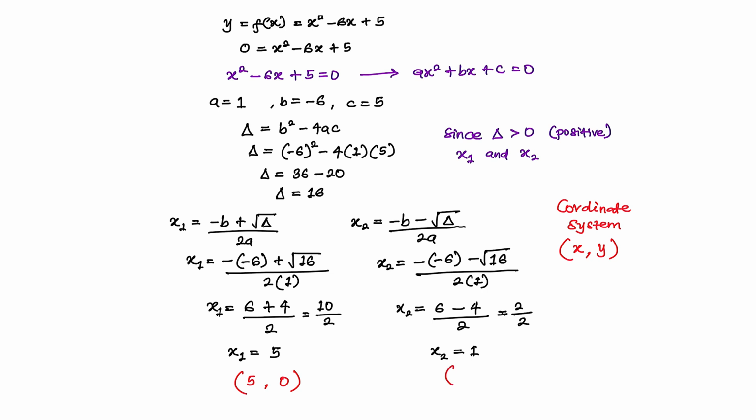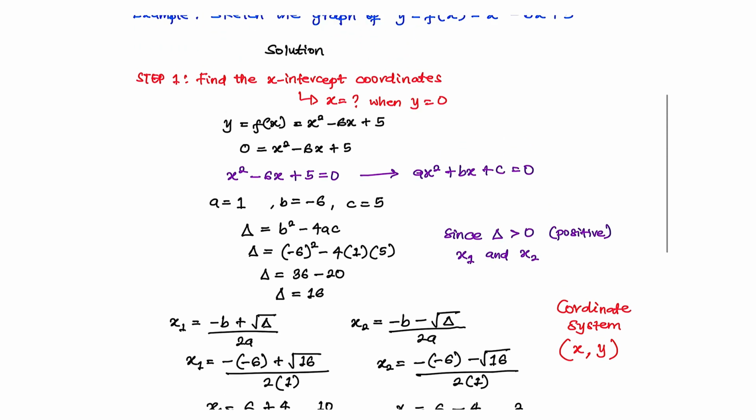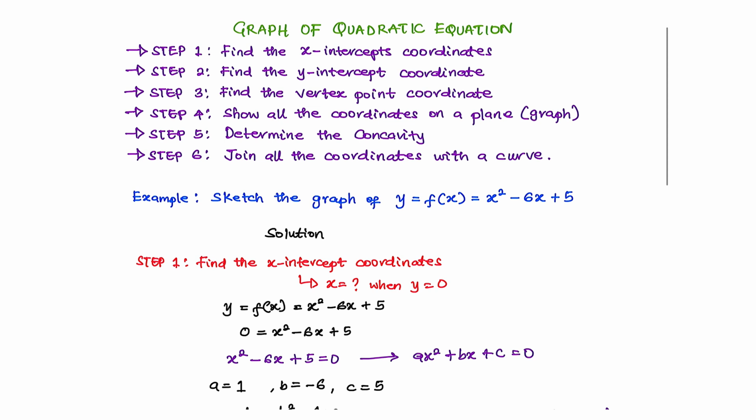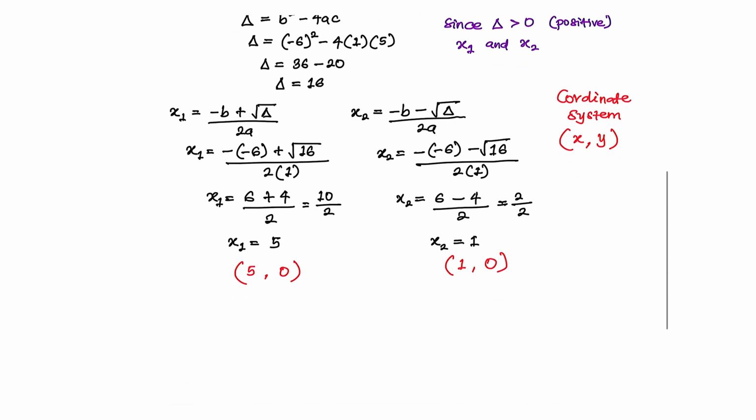And the second coordinate, the value of x here is 1, and the respective value of y here is also 0, because we got this 1 as a result of making y equals 0. Hence, this completes step 1. So step 1 involves finding the x-intercept coordinates. Now moving on to step 2, which is find the y-intercept coordinates.